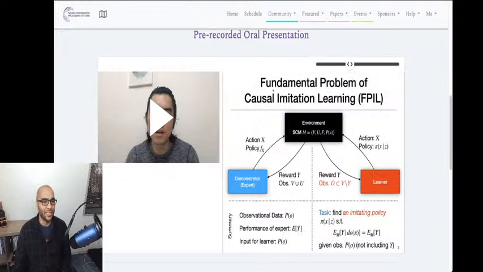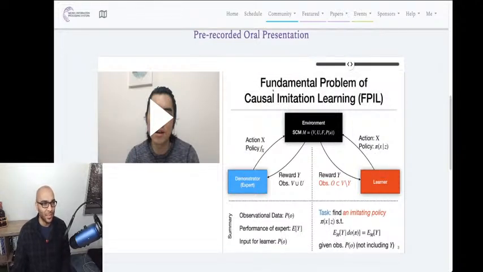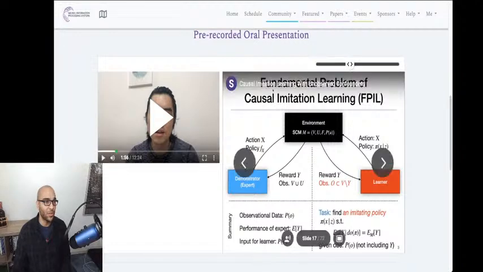So I kind of get it. This notation's a bit janky, but we're trying to say that we want to optimize this policy so that we're getting some expected value of y, which of course we don't observe, that is equivalent to the performance of the expert.